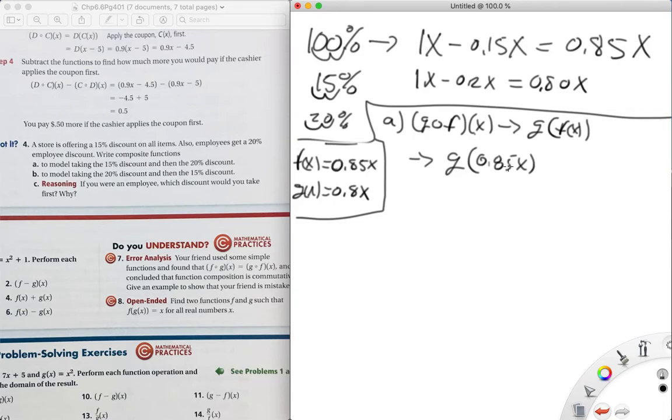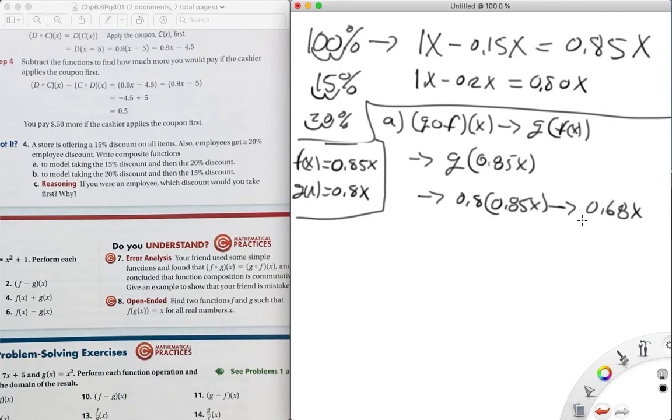And we're going to plug that in, that 0.85x, we're going to substitute that in for x in g of x over here. So then that's going to be 0.8 times 0.85x. And that gives me 0.68x.